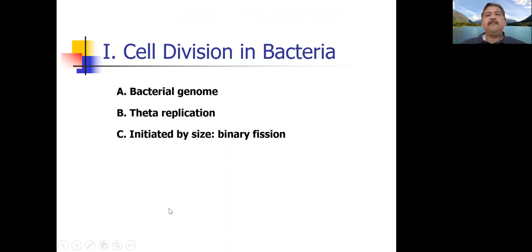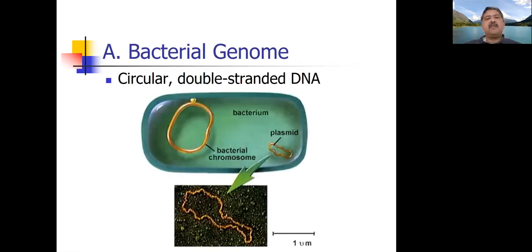So, cell division in bacteria. You should know that bacteria, just like we do, have DNA, and that DNA is double-stranded. You can see in the picture right here, here's a circular DNA that's not in a nucleus.